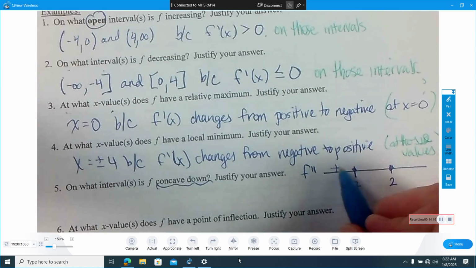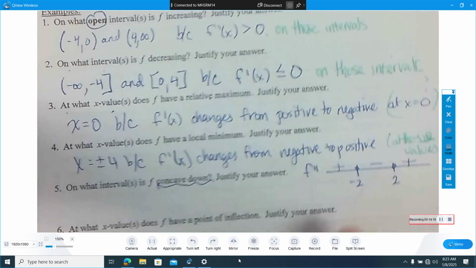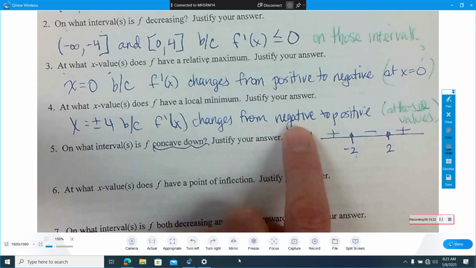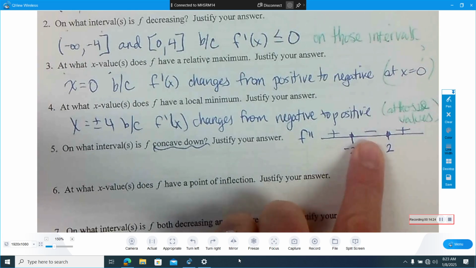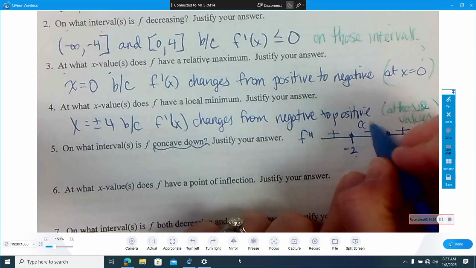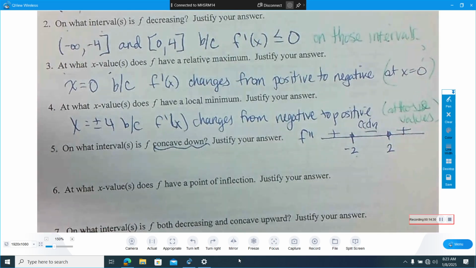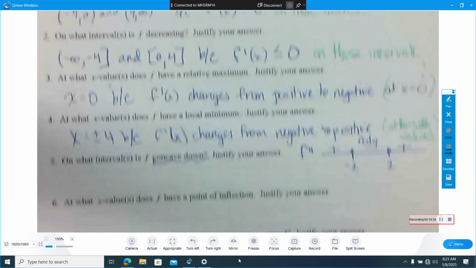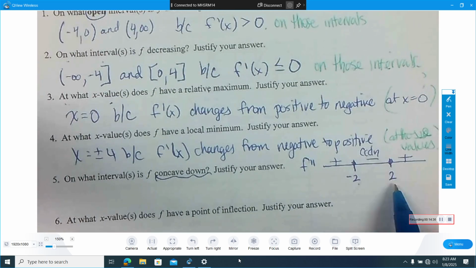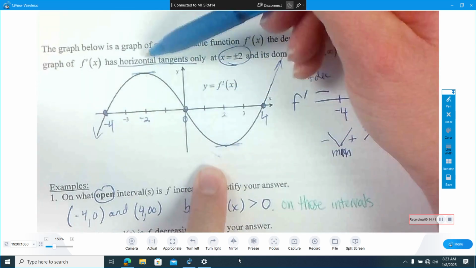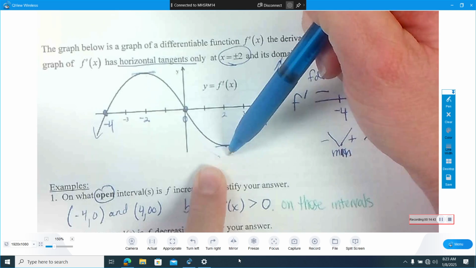So we have positive, negative, positive. And this is just to help you. We know that for concave down, that's where our second derivative is negative. So concave down right there, concave up on either side. It helps to say, I know it's concave down between -2 and 2. That's where my derivative function is decreasing.